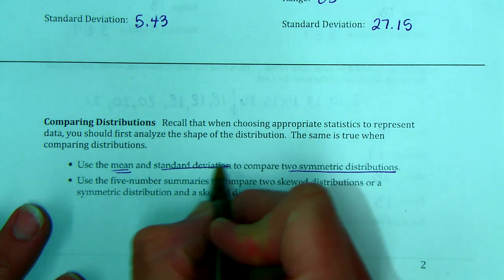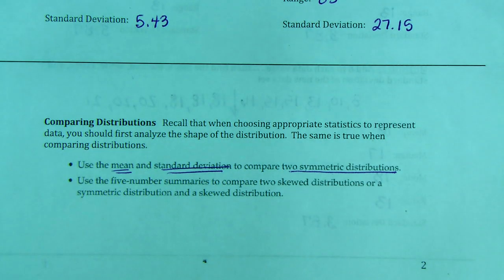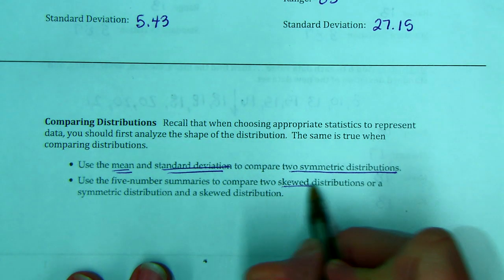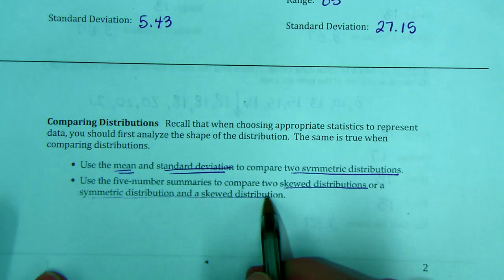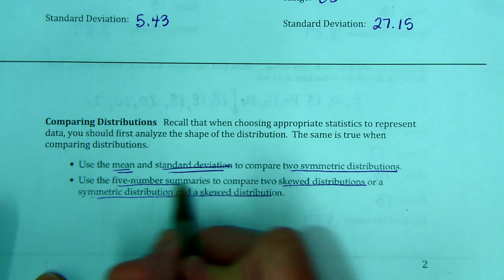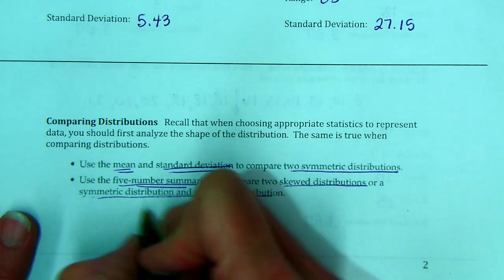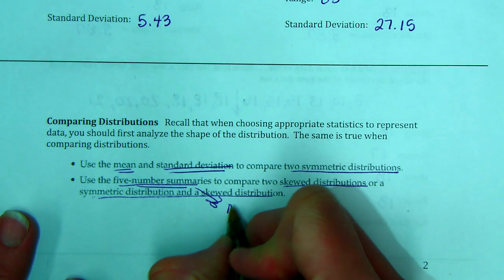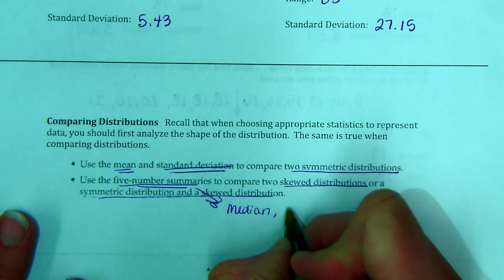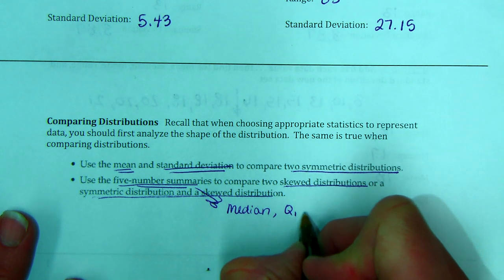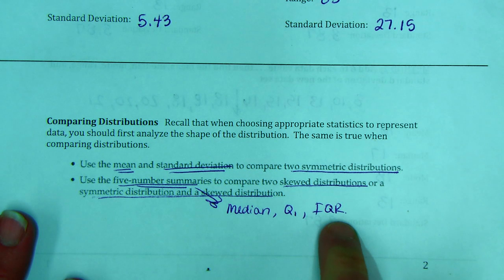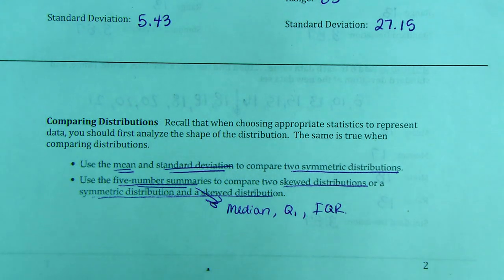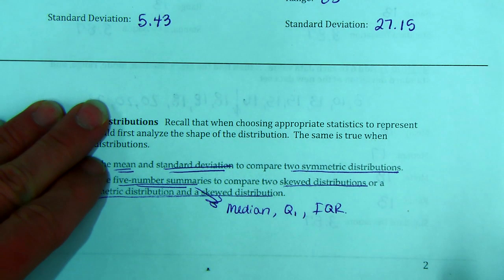Now, if we have 2 skewed distributions, or if you have one that's skewed and one that is symmetric, you're also going to use the 5-number summary. That means the 5-number summary is like the median, the quartiles, or interquartile range, and I'm going to show you how we can kind of incorporate interquartile range without actually saying interquartile range in this example that I have for you. Okay, so let's slide over to the next page and let's look at this first example.